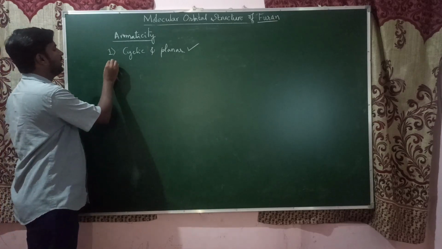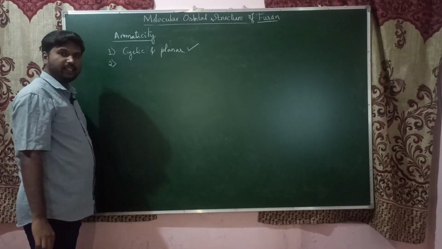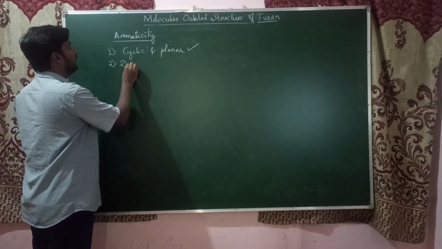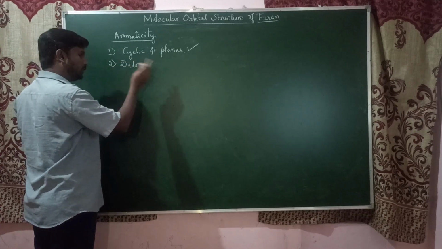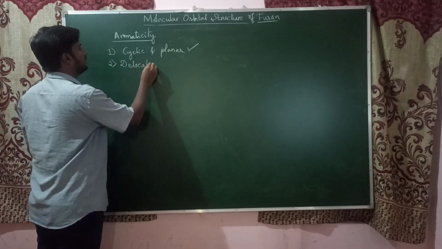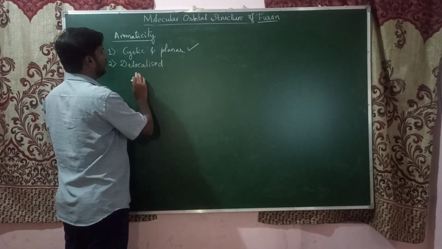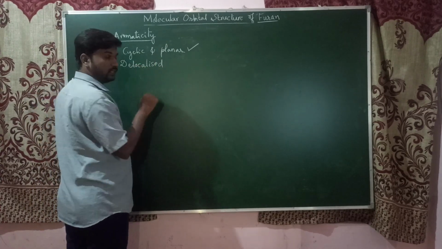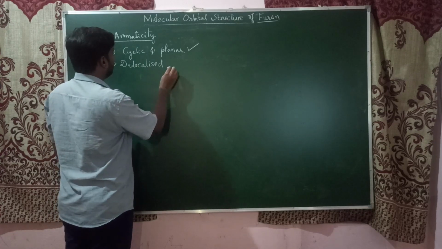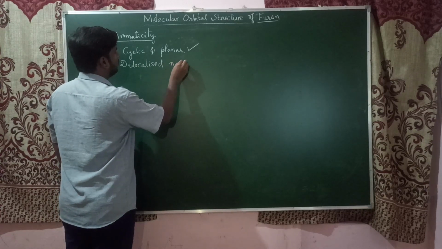The second criterion is that they must show delocalization, or contain delocalized electrons. There are 6 delocalized pi electrons in the case of furan.